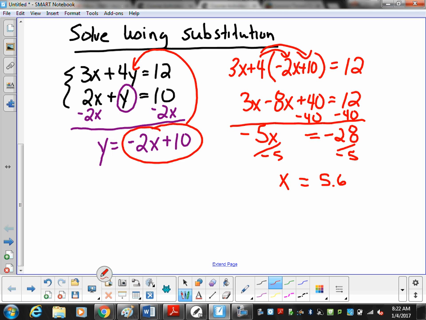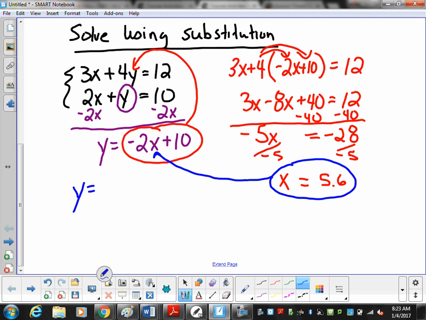Questions so far? All right. So we found what the x value is. Now we need to go back and find what y is equal to. So what I'm going to do now is take the x value and replace it here to get y.